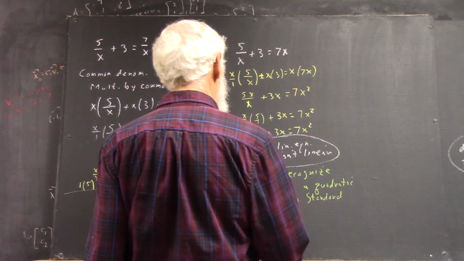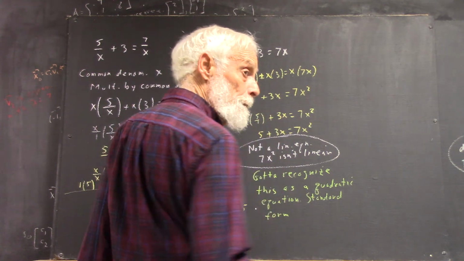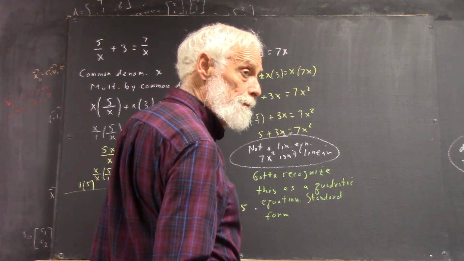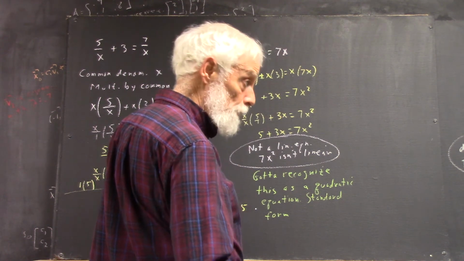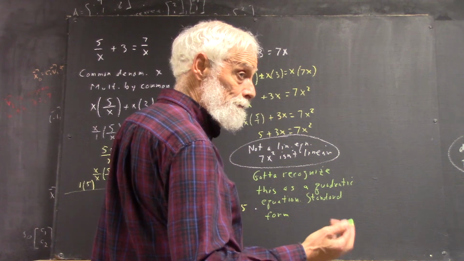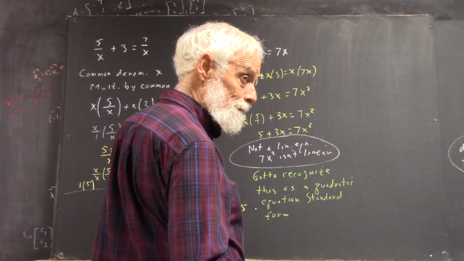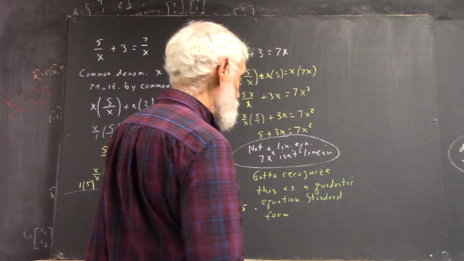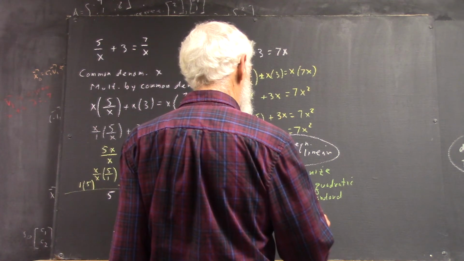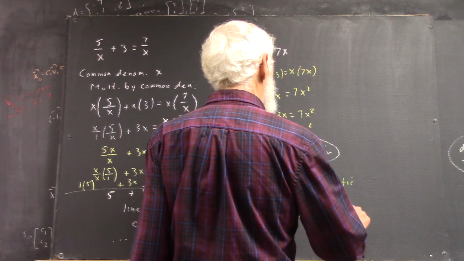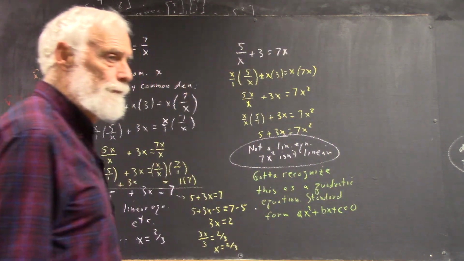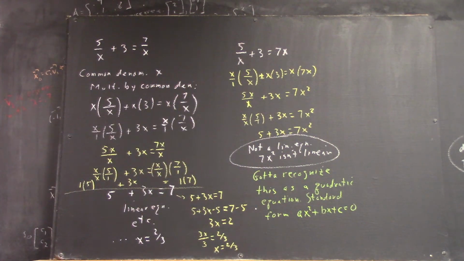The standard form of a quadratic equation is what? AX squared plus BX. Just BX. But you got the right idea, but you got to really know this. Okay?